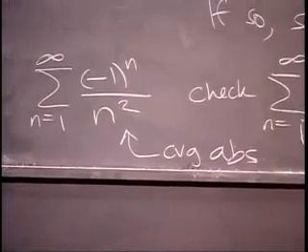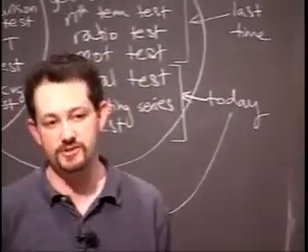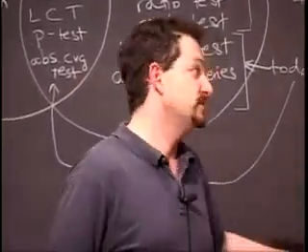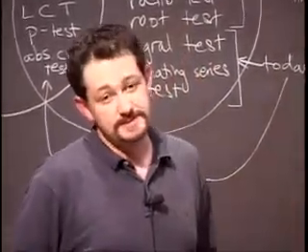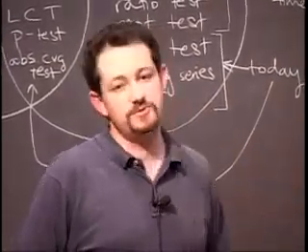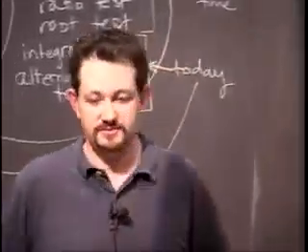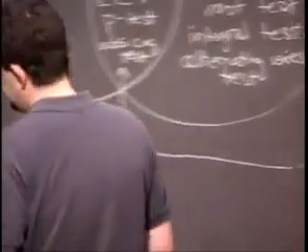Don't use the alternating series test in that case because you already know it converges. The alternating series test does not tell you it converges conditionally. It just says it converges if it works. To really nail it down, you should have checked the absolute value first. And then don't do the alternating series test if the absolute works.